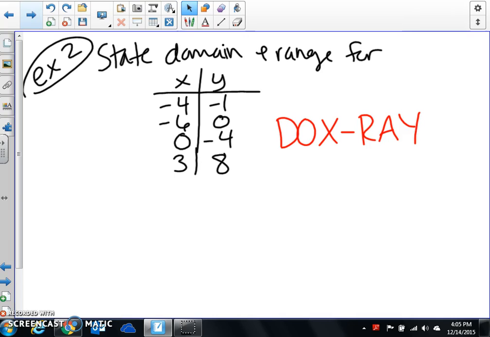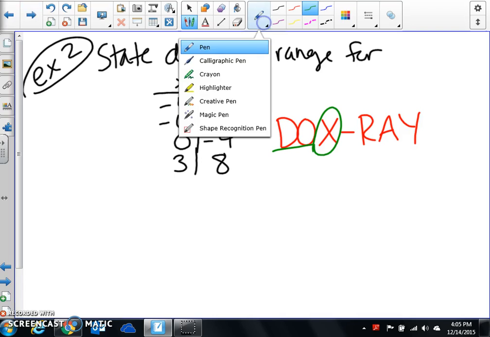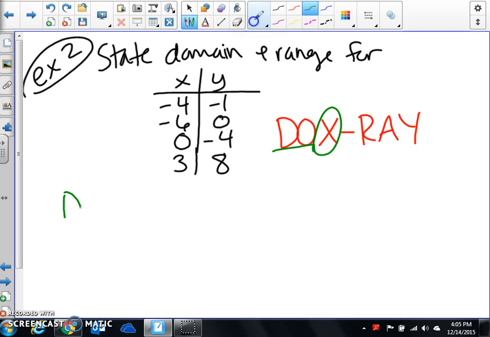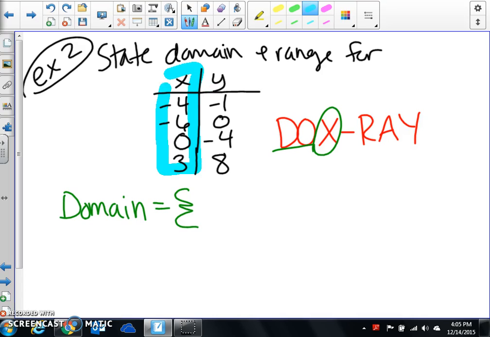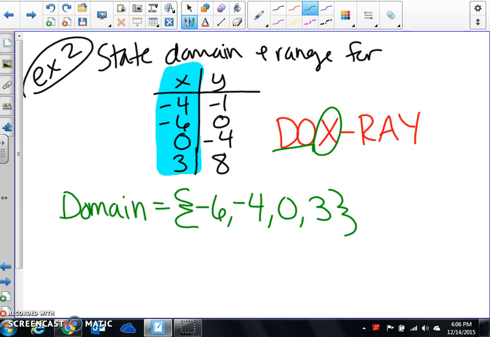The domain is my X values. So before I do that, I'm going to write domain equals, mustache. Highlight all of my X values, and then I go from least to greatest. -6 is my smallest number, then I've got -4, 0, and then 3.